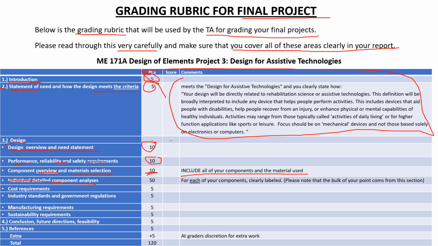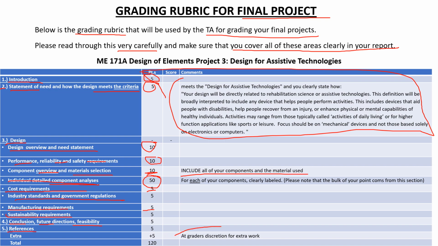Individual detailed component analysis, you can see this is 50 points. So this is something, again, it's very important and a large part of the grade for this project right there is those individual detailed component analysis. Then we have 5 points associated for your cost requirements, 5 points for the industry standards and government regulations, 5 points for the manufacturing requirements, 5 points for sustainability requirements, 5 points for your conclusion, future directions and feasibility, and 5 points for the references.